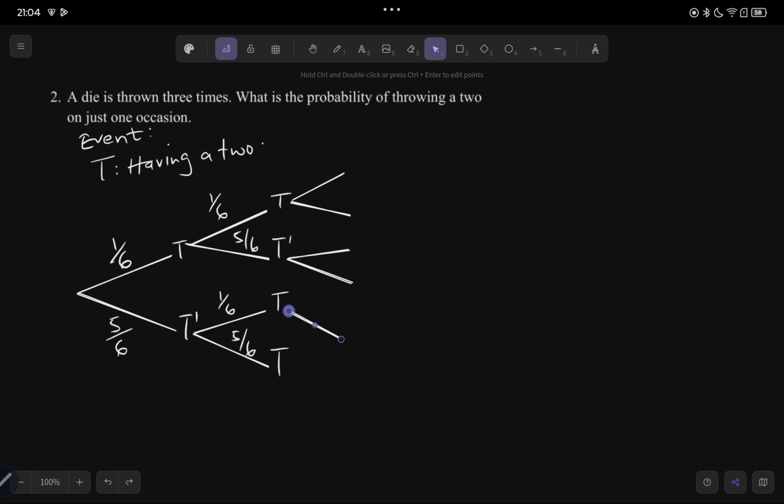So the branches keep growing. And in each case, you're either having a 2 or not a 2. Same die being rolled again, so you expect the same probabilities.